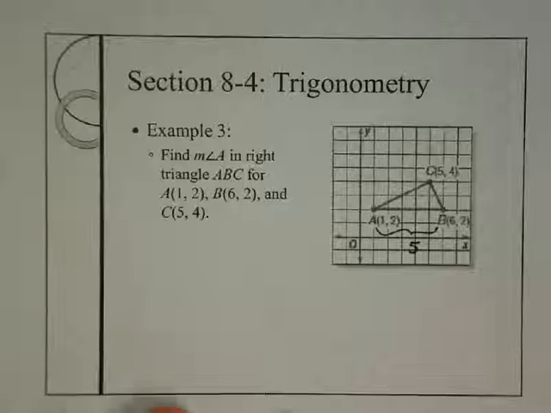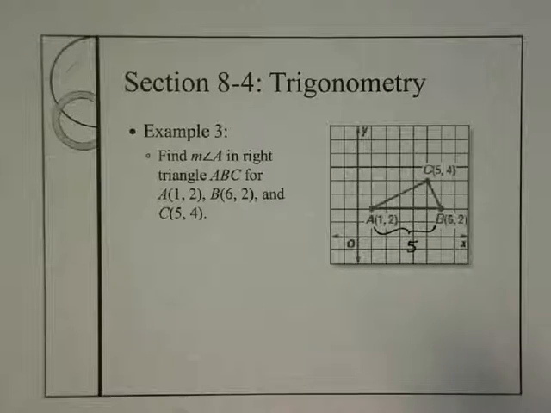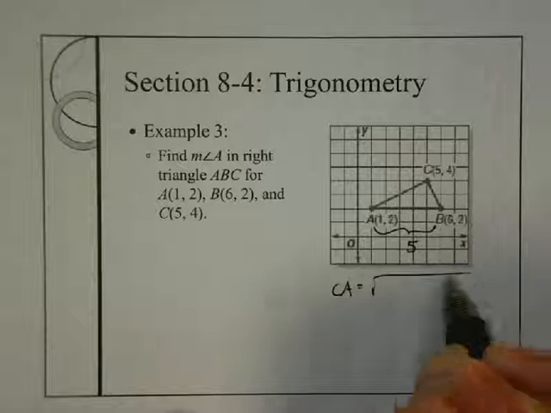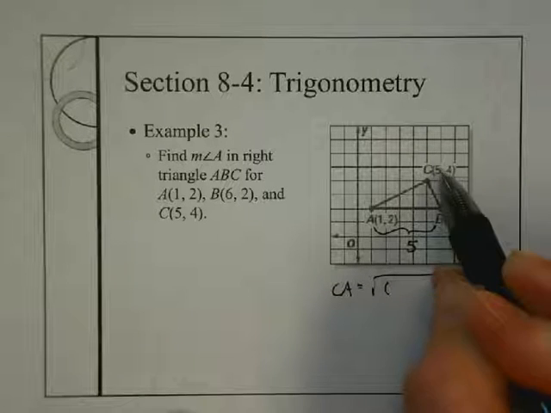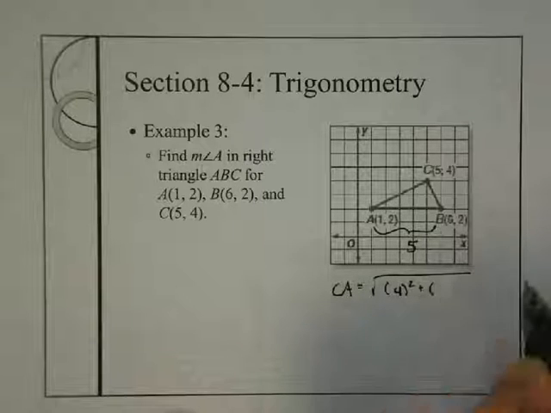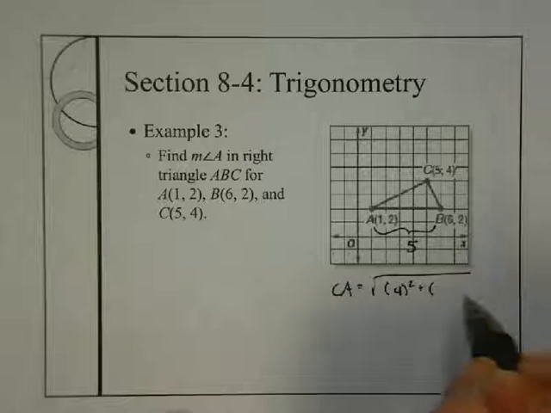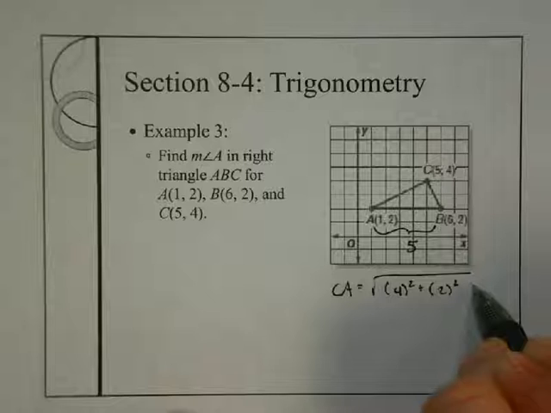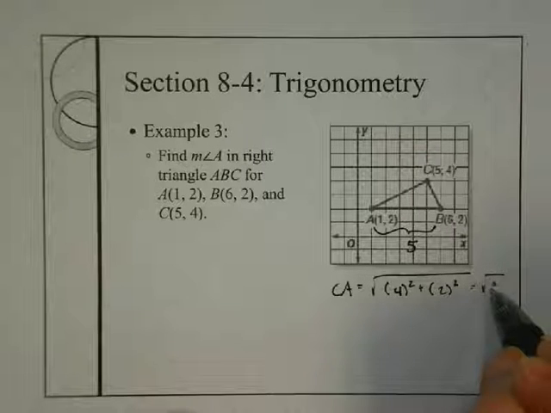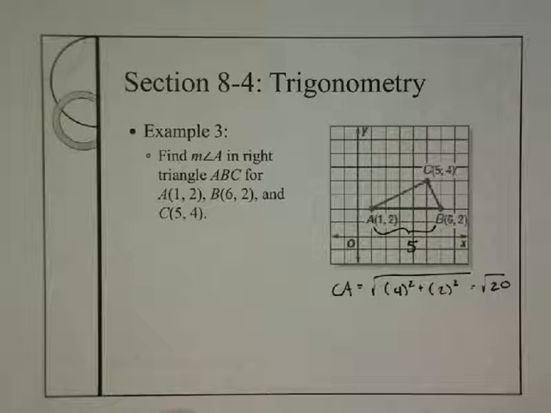For CA, the distance is the square root of x minus x, so 5 minus 1, so 4 squared, plus y minus y, 4 minus 2 is 2 squared. So that's the square root, let's see, 4 squared is 16, so 16 plus 4 is root 20, so there's CA.